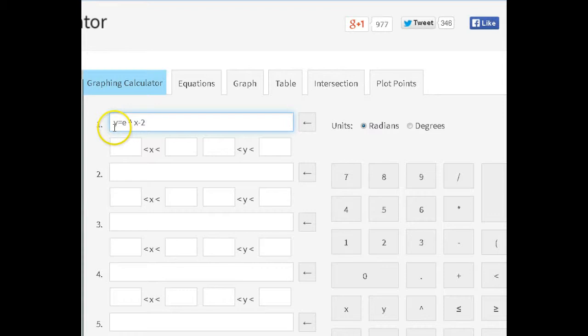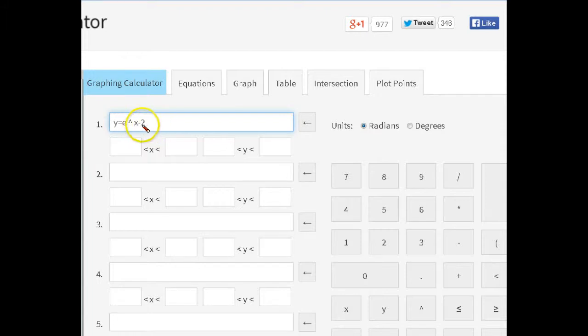So as we look at the first one, we see y equals e to the x power, caret x minus 2. So this is not in parentheses. What is this going to do to the graph? Raise it up, raise it down, move it right, move it left.